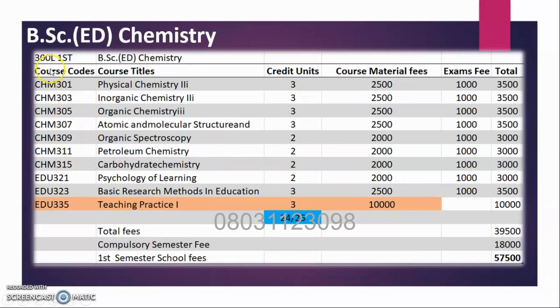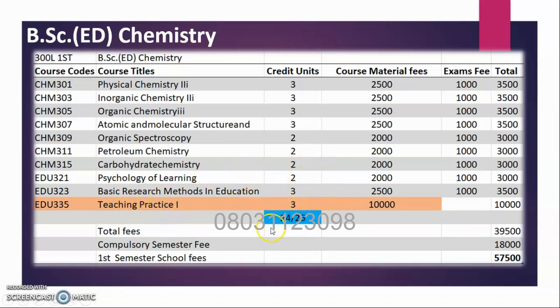Then we have 300 level first semester here. A teaching practice is included. It's not examinable. You don't write the exam for it, so there is no exam fee for it as well. The registration fee is 10,000 for it. It's a standard fee. So out of this 26, only 24 is required of you.